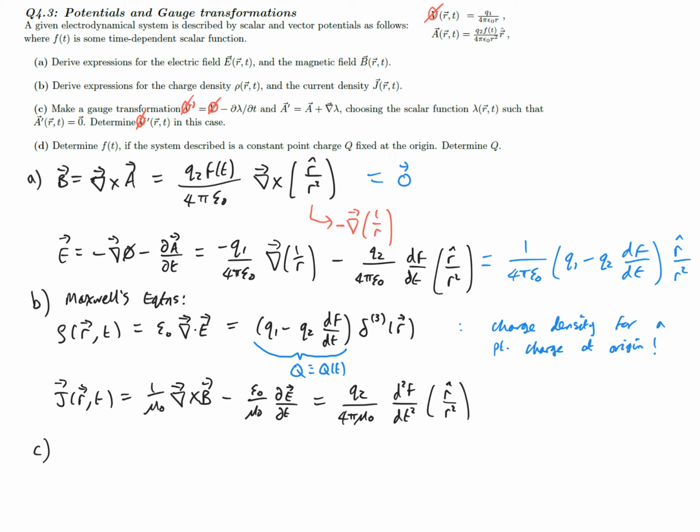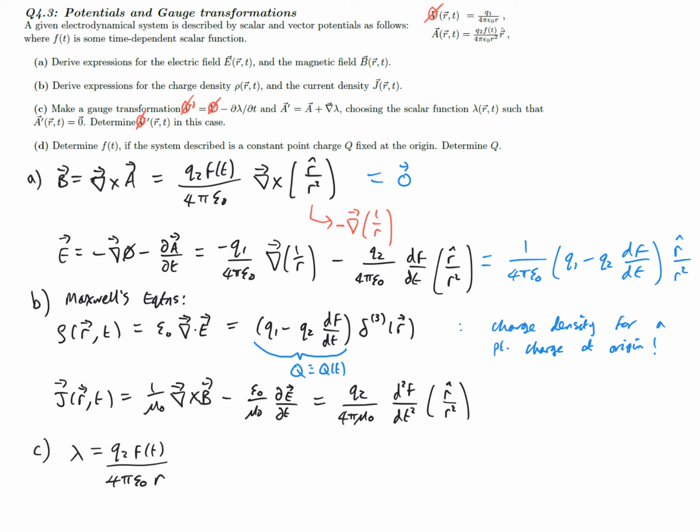And specifically, it's pretty easy to see that what we want is lambda to be q2 f of t over 4 pi epsilon naught r. So when we take the gradient of this, we're going to generate minus r hat upon r squared times q2 f of t over 4 pi epsilon naught.